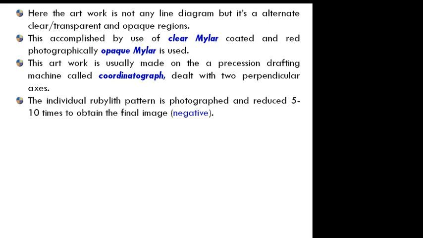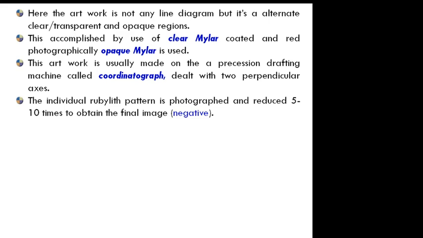I repeat, the mask is designed on glass with a photographic technique with enlargement, and to design a particular circuit, the variations in mask designing are carried out by a tool known as a coordinatograph.